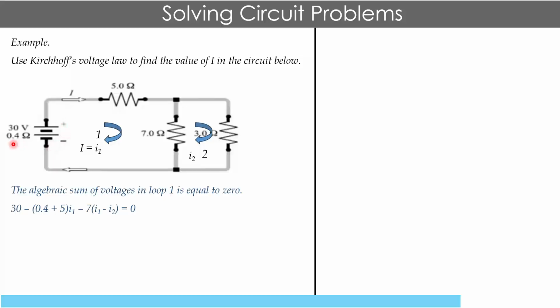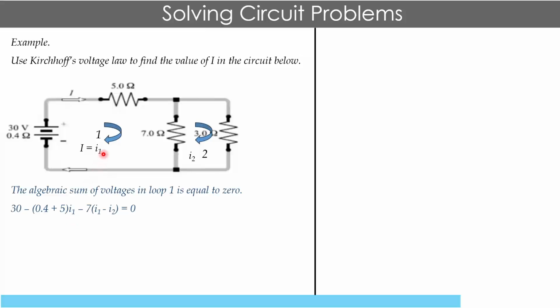Consider that this 0.4 ohms and this 5 ohm resistor are in series. We can consider that the 0.4 ohms internal resistance and this 5 ohm resistor are in series. So when we have series resistance, we add. So we say 0.4 plus 5, and then the current that flowed through them, we said it was I1.